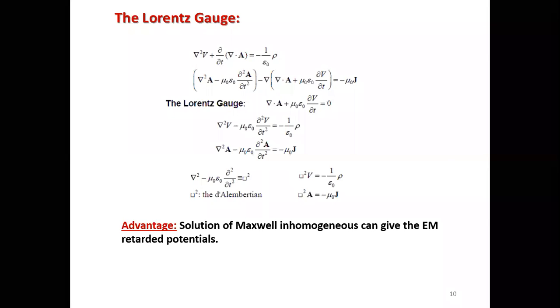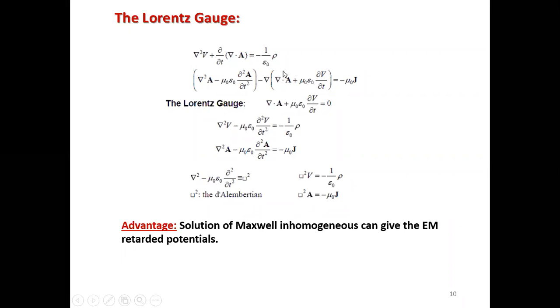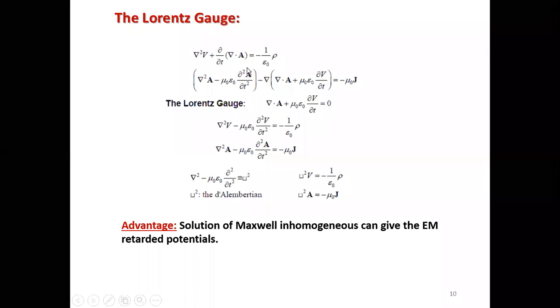So see, Lorentz gauge is just a basic condition जिसको आप substitute करें इन equation में, तो we get a simplified form of the equations. तो ये meaning है Lorentz gauge और Coulomb gauge का, that putting Lorentz gauge condition we can get our Maxwell equation in terms of soluble condition, they can be solved. Okay, and the advantage of this Lorentz gauge is that we can solve the Maxwell inhomogeneous equation and we can get the vector and scalar potentials.